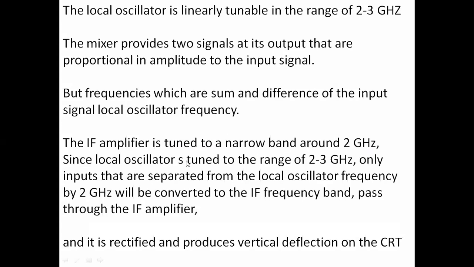This local oscillator is tuned to the range of 2 to 3 gigahertz. Only inputs that are separated from the local oscillator frequency by 2 gigahertz will be converted to the intermediate frequency band and pass through the intermediate frequency amplifier. It is then rectified and detected, and applied to the vertical deflection plates of the CRT.